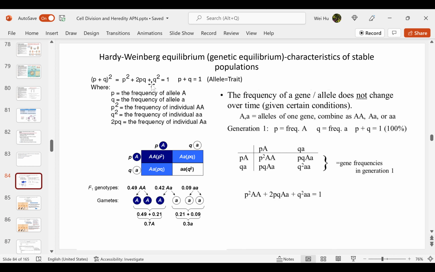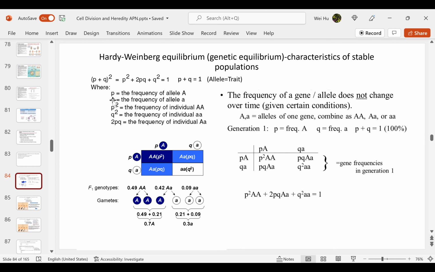We already said at the beginning that this class will talk about more than genetics, so we'll talk about alleles instead of a tree. Now, P and Q are both frequencies, percentages, not absolute numbers. That's another thing you have to know. And P squared, Q squared, and 2PQ are also percentages, okay?